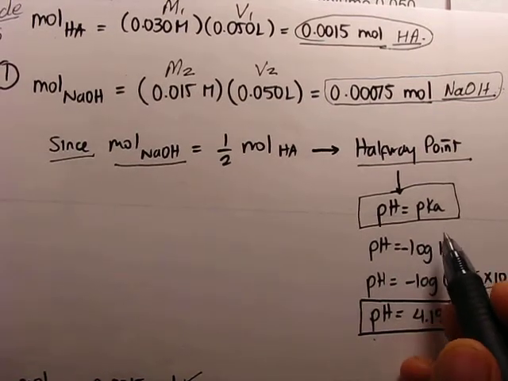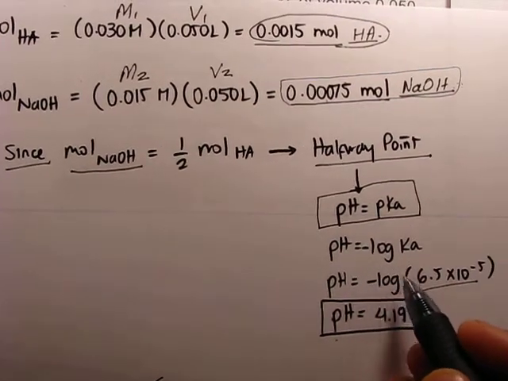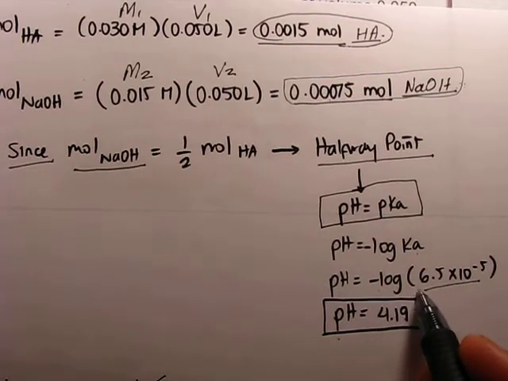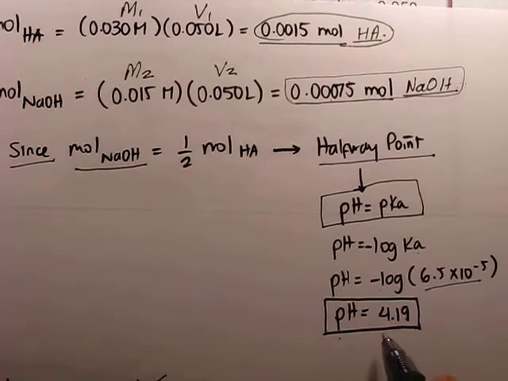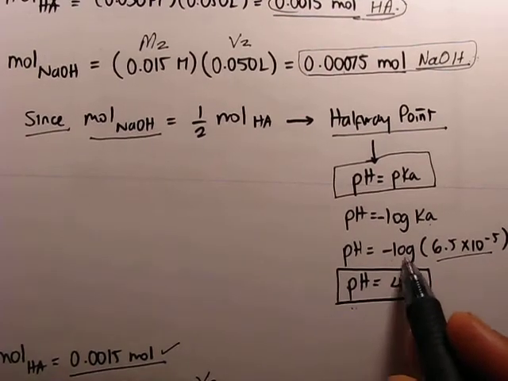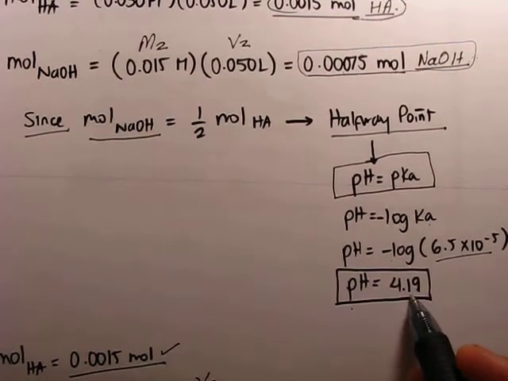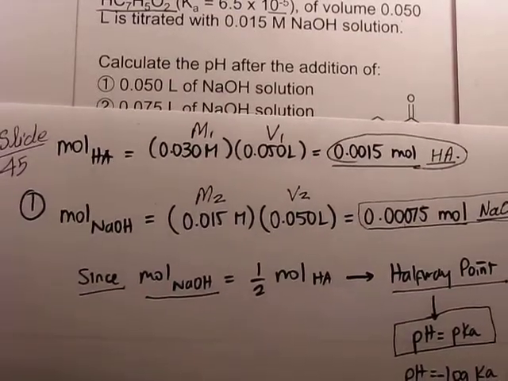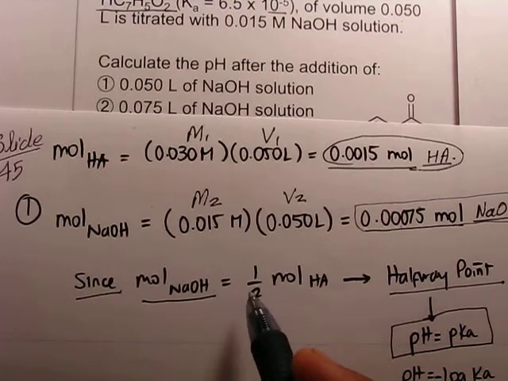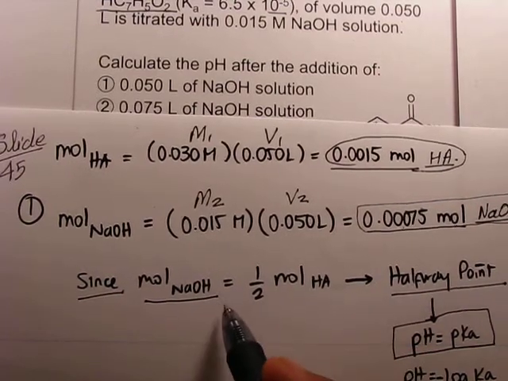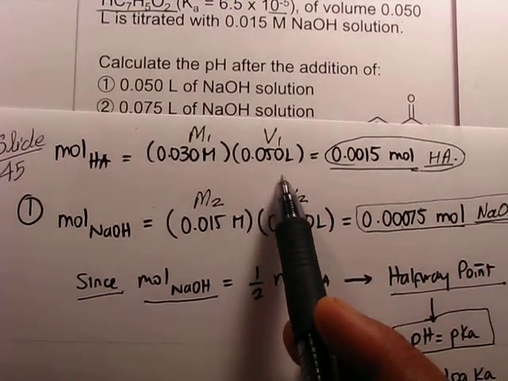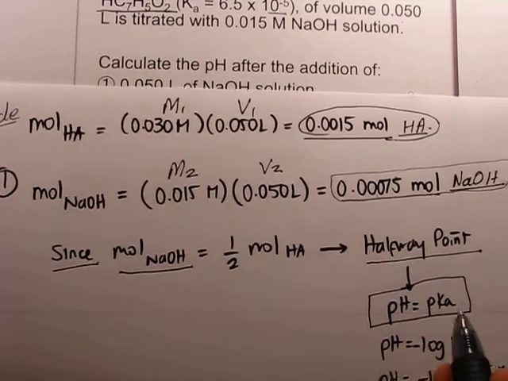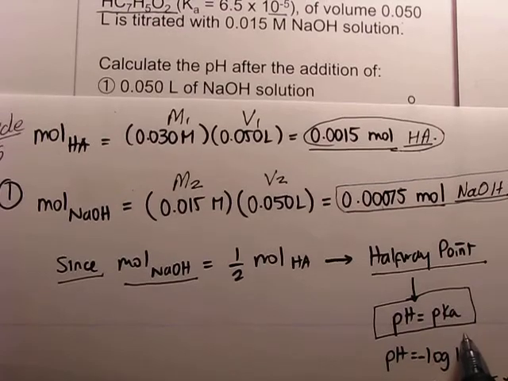The Ka value is given in the question, so we take the negative log of 6.5 times 10⁻⁵ to get the pH, which is 4.19. So this was an easy question. We learned that when the moles of NaOH are half the moles of the weak acid, the pH equals the pKa.